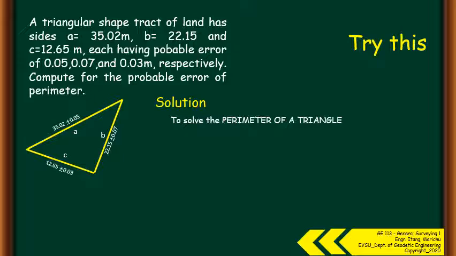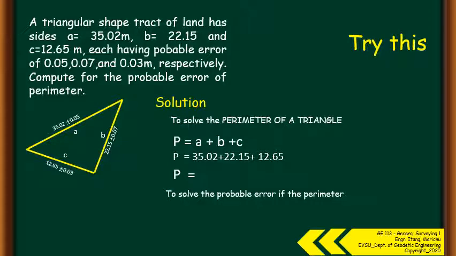You have here, to solve the perimeter of the triangle, we all know that the perimeter is equals to A plus B plus C. So, that is the sum of all the length of a triangle. So, we have 35.02 plus 22.12 plus 12.65. That would be equal to, so you solve.